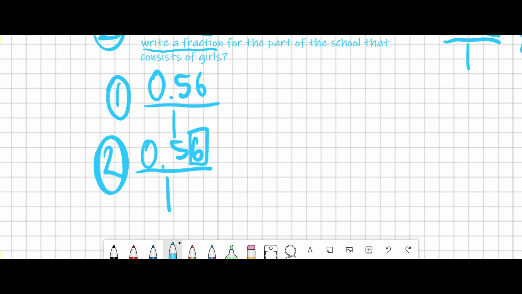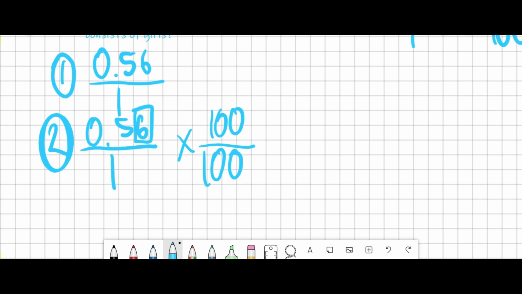But if they say the number of students, as they've done here, then you just multiply it by 100 because there are 100 students, and then 100 at the bottom too. So when we multiply that out, that would give us 56 over 100.